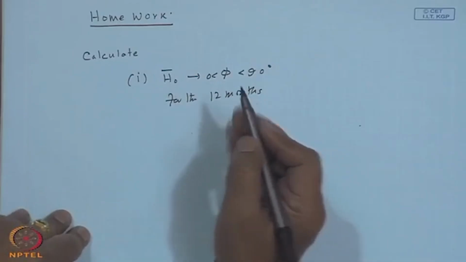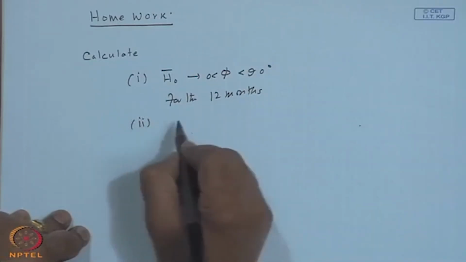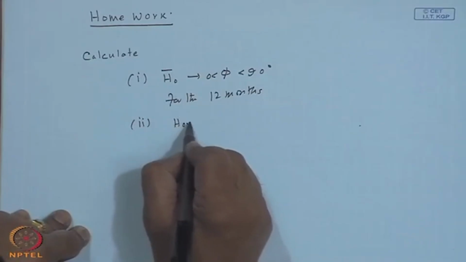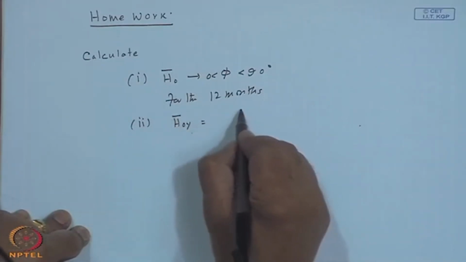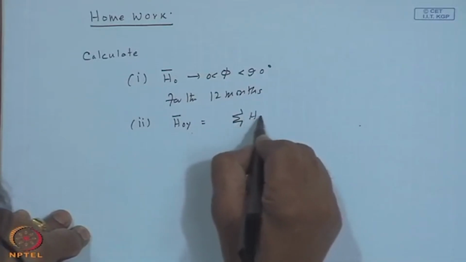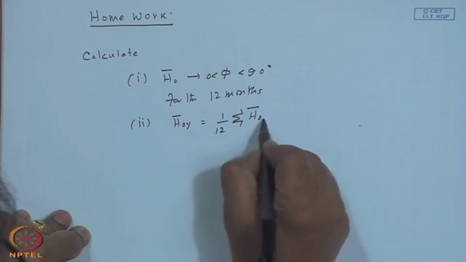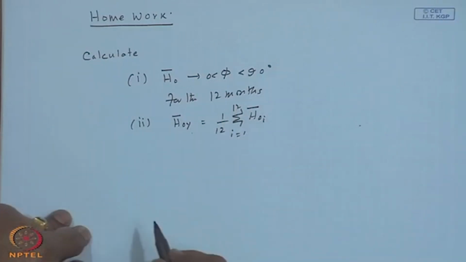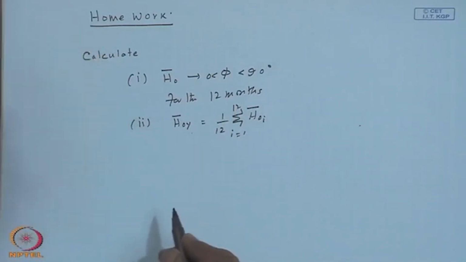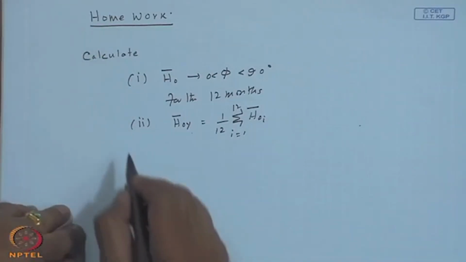Okay, that is simple. 2, H0 y bar equal to the summation of H0 bar of each month upon 12, i equal to 1 to 12, so that you will have an idea, with the formula that we have given, how much it is off.